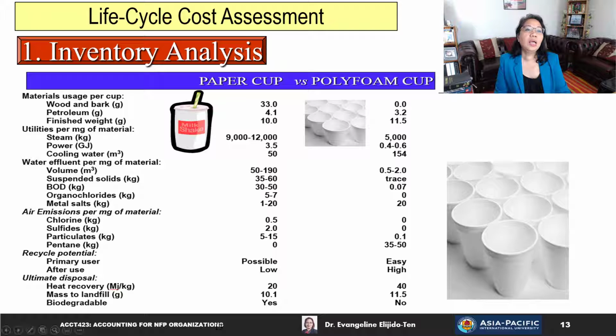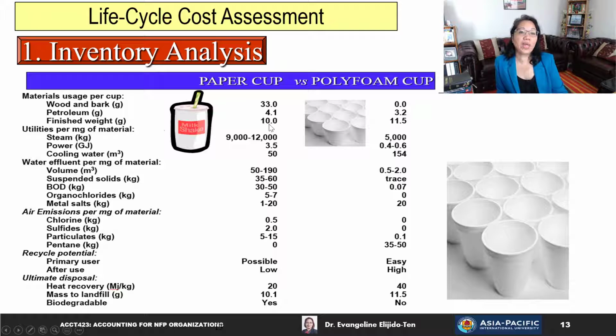You'll have a look at the material usage per cup. So from the looks of it, the wood and bark, 33 grams for paper cup and 0 for polyfoam cup because it doesn't use wood and bark. Petroleum, 4.1 for paper and 3.2 for polyfoam cup.